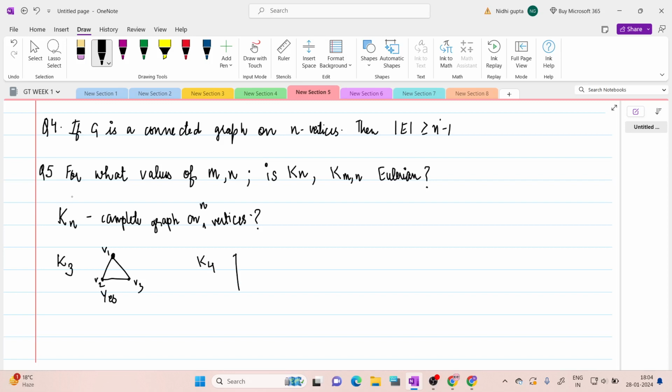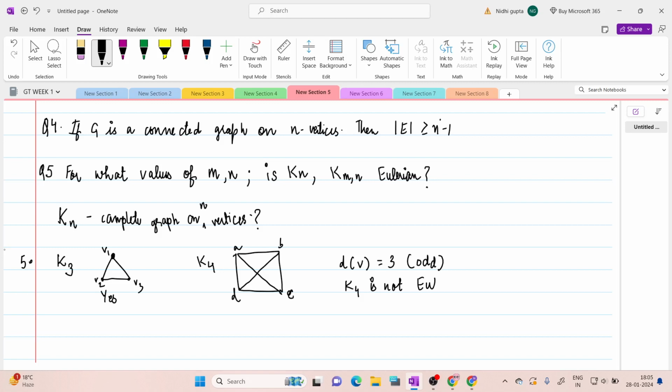Is K4 Eulerian? No, ma'am. Why? Because the degree is not even. Yes, because the degree of each vertex is 3, which is odd. Therefore, from that result, we can say that K4 is not Eulerian.